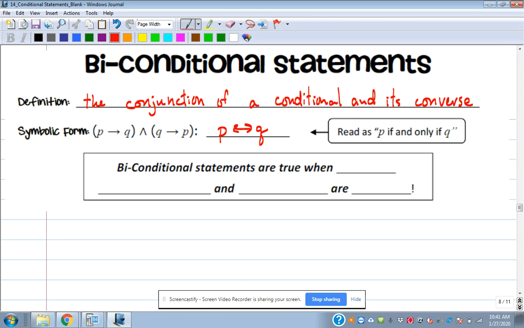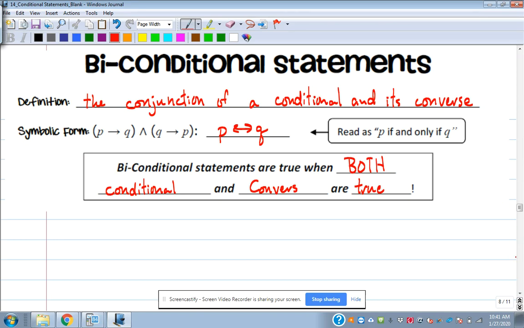So biconditionals are true when both the conditional and converse are true. So it's got to be true in both directions. Okay.